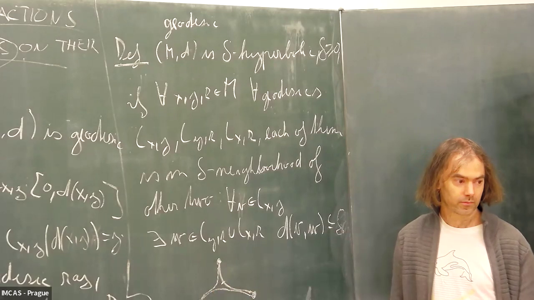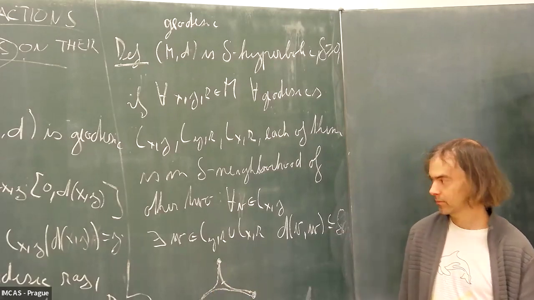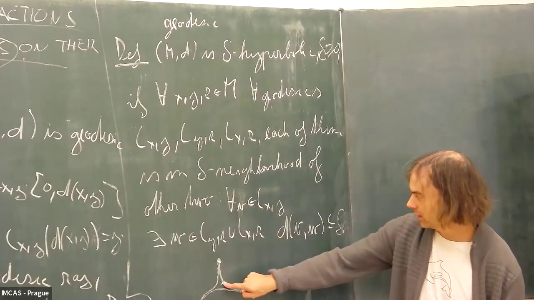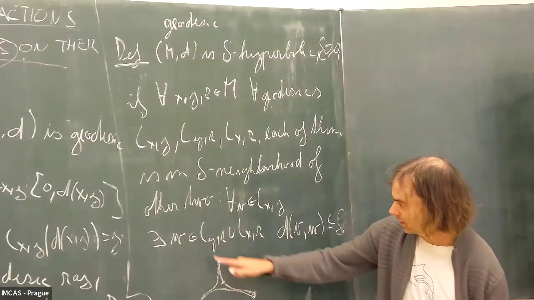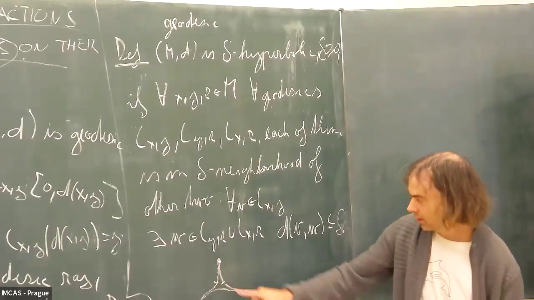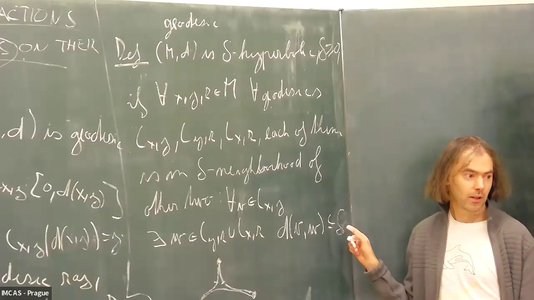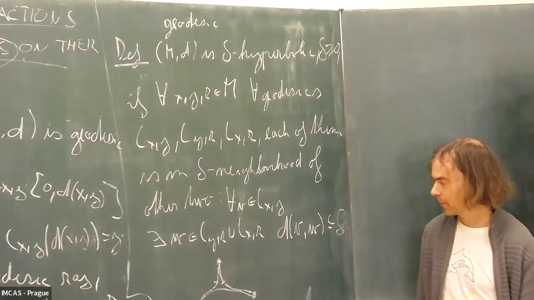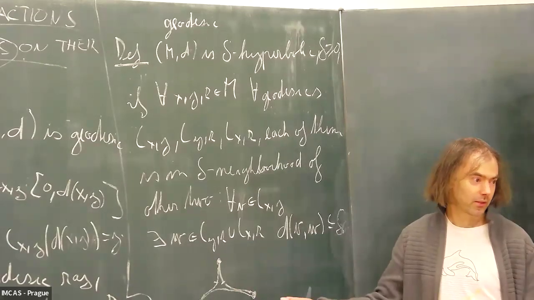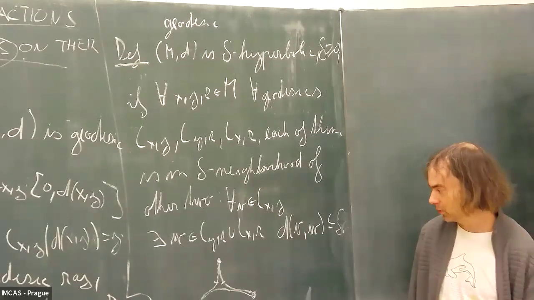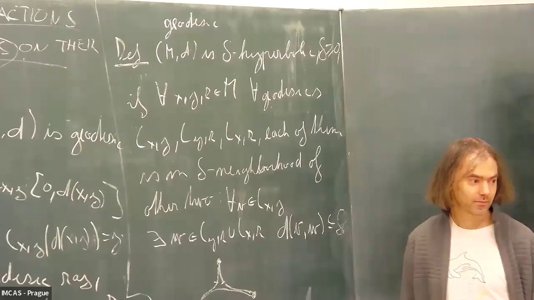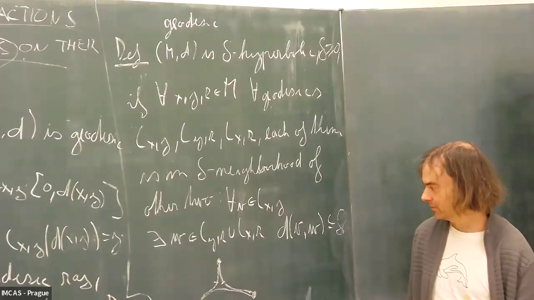If you take any point V on one geodesic, there is a point lying on the other two, for example this one, which is very close, less than delta. So the triangles are very thin. This is called delta thinness of the triangle.